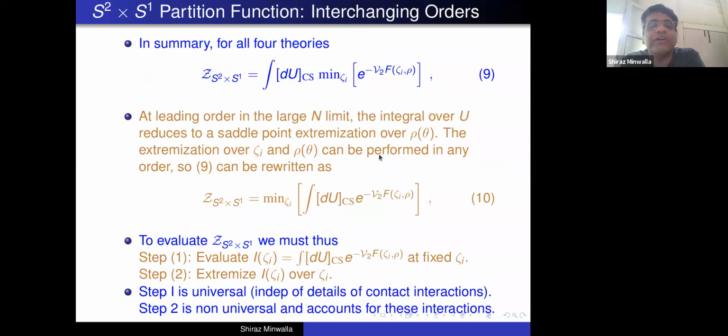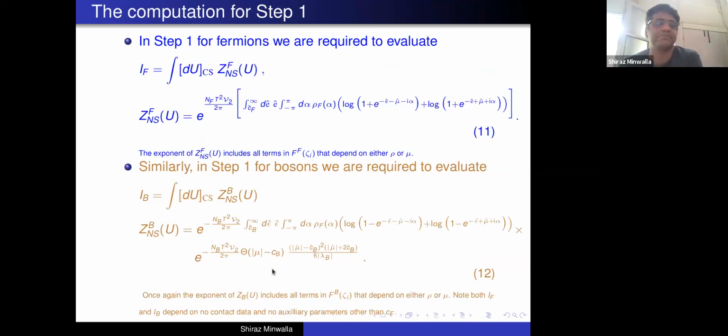So this integral over U is universal and simple, and then everything complicated goes into this extremization over zeta I, which can be done later. So the program of evaluating these partition functions can be split into two parts. First, evaluate this integral over U, which is a nice universal thing, and then extremize what you get over zeta, over these auxiliary parameters. So let's start with these two steps.